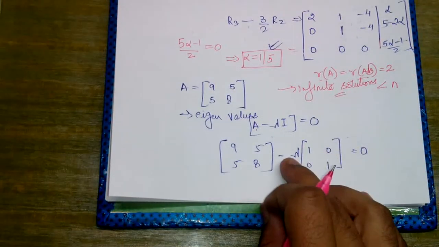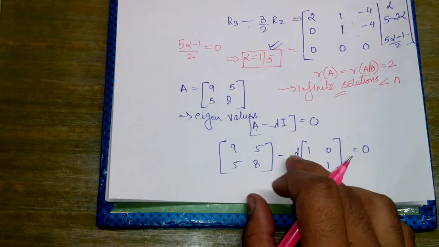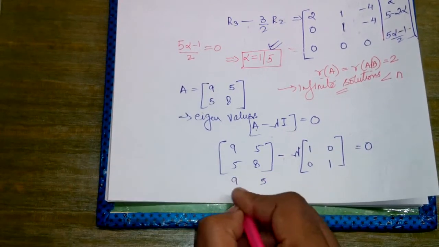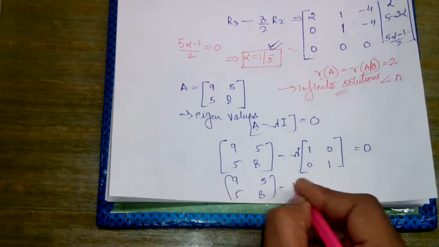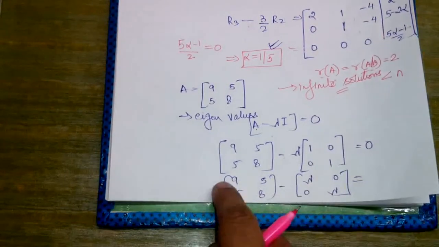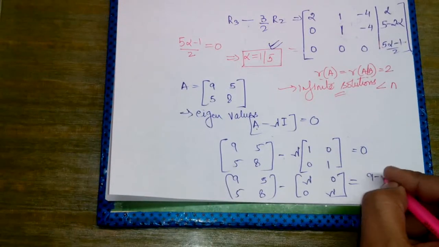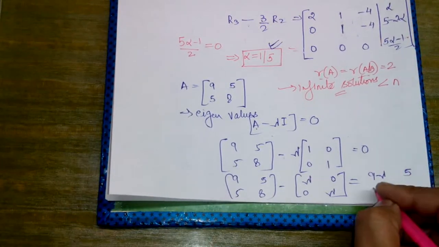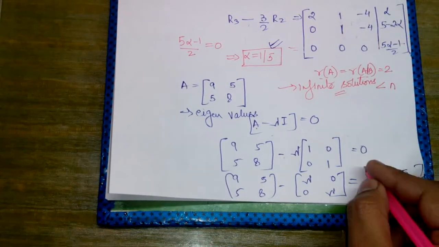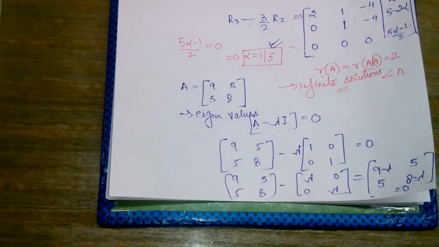Now we have already learned that in the case of a matrix, if any number is multiplied, it gets multiplied to the entire matrix. So [9, 5; 5, 8] minus [lambda, 0; 0, lambda]. If we subtract it, we will get [9 minus lambda, 5; 5, 8 minus lambda], and this is equal to 0.